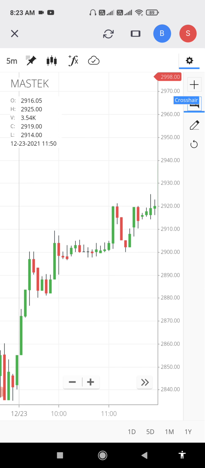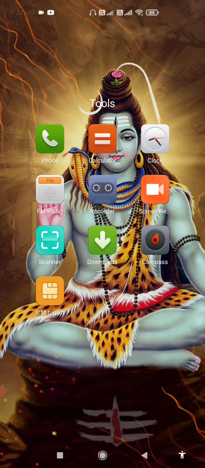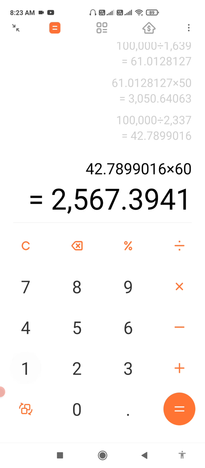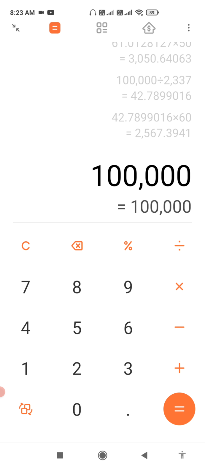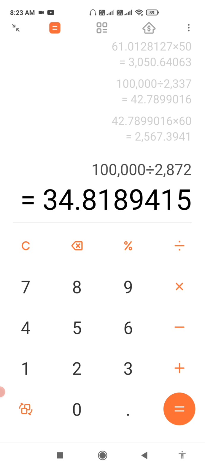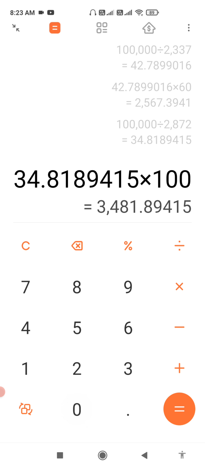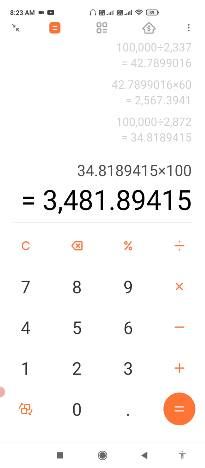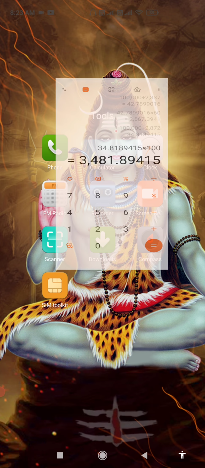See, this is the power: more than 100 points. For example, if you invest 1 lakh rupees in the cash market at 2872, you got 34 points and more than 100 points, so 3480 rupees in the cash market. I'm telling you, if you traded in futures and options, that is a different ball game. You can earn more. So this is one result.